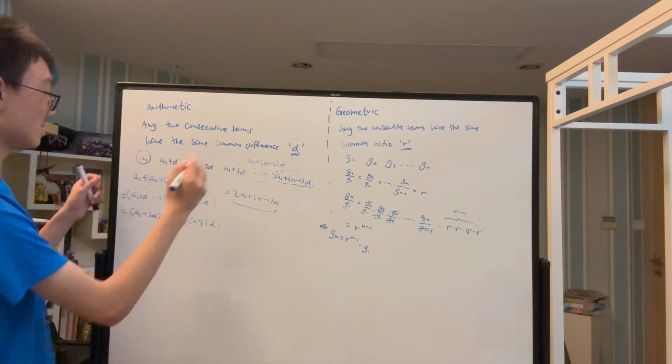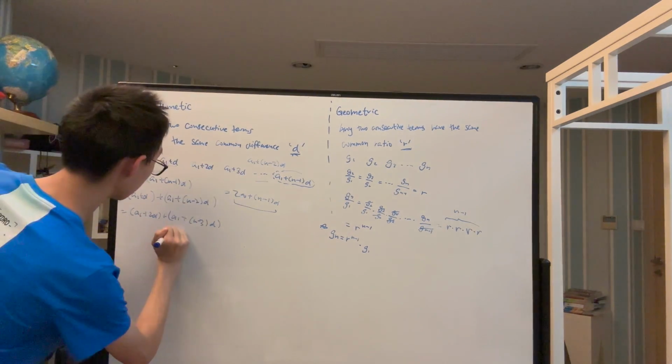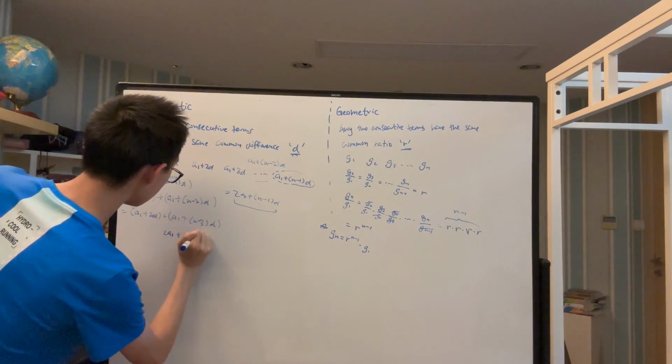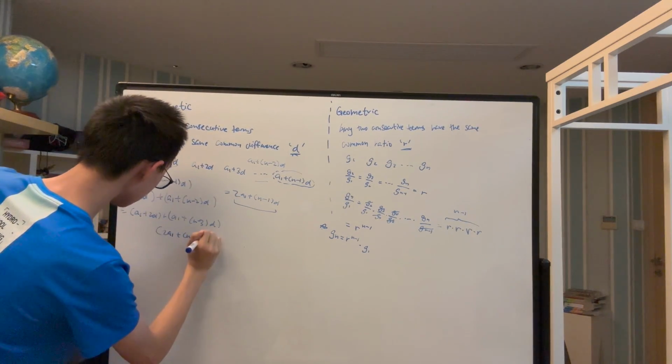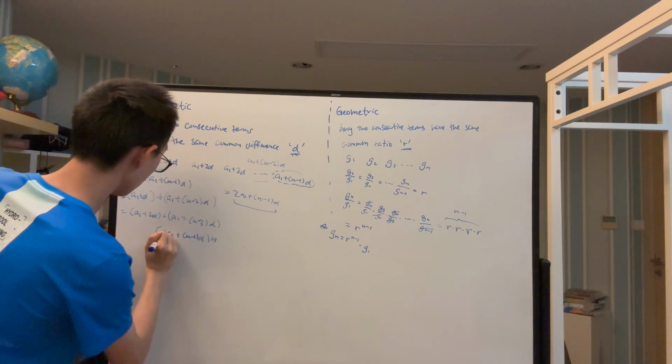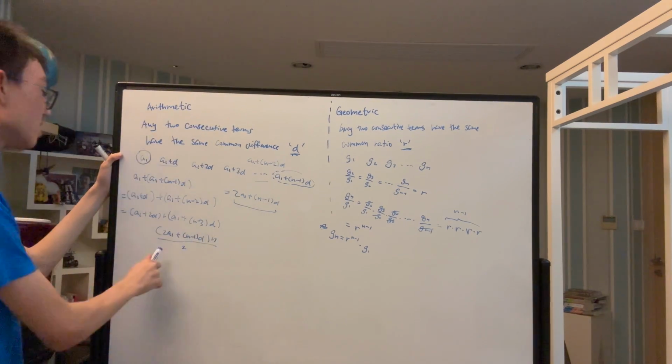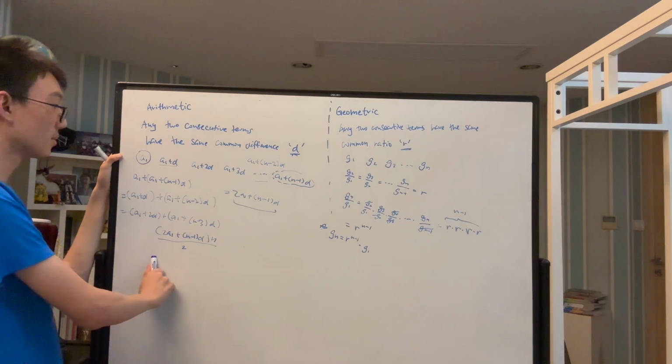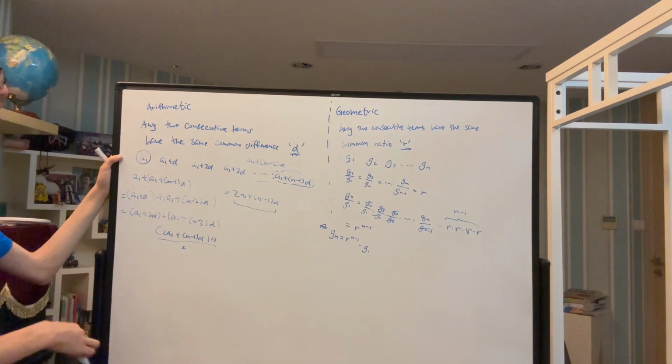So if we know that this has n terms, this gives us 2A1 plus n minus 1 D times n over 2. This is one of the formulas of the sum of an arithmetic series.